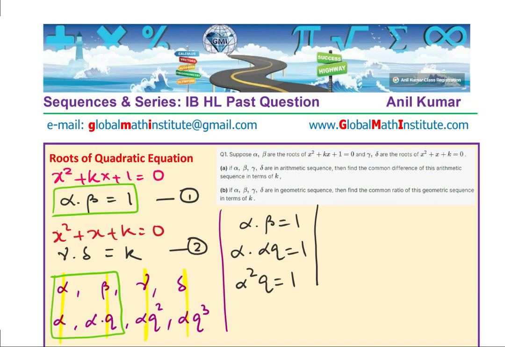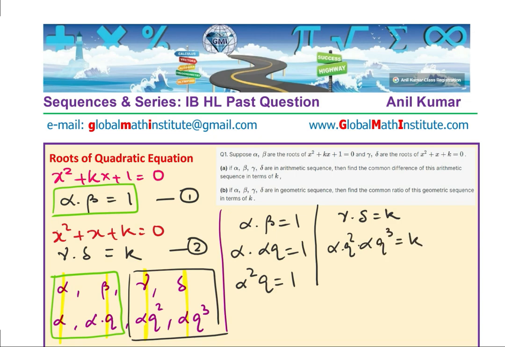On the other hand, gamma times delta is k, right? Now, what are gamma and delta? Alpha times q square and alpha times q to the power of 3. So it becomes alpha times q square times alpha times q cube equals k, or alpha square q to the power of 5 equals k, right? So that gives us equations number 3 and 4.